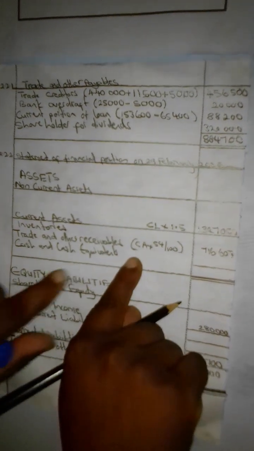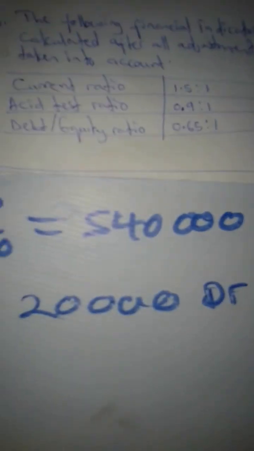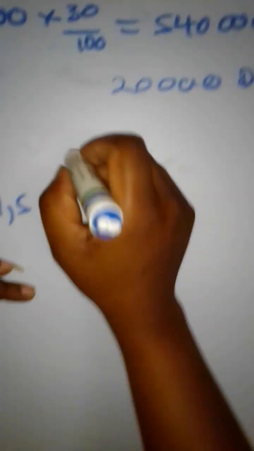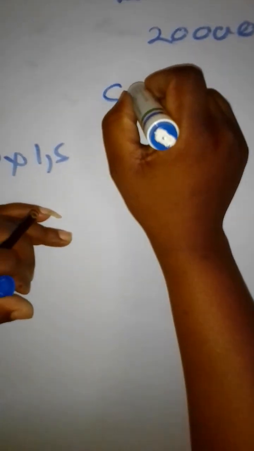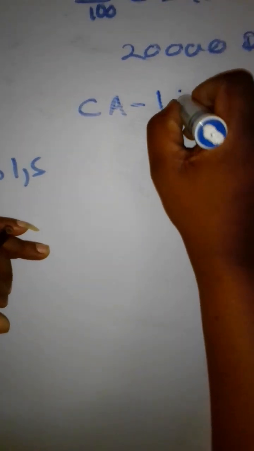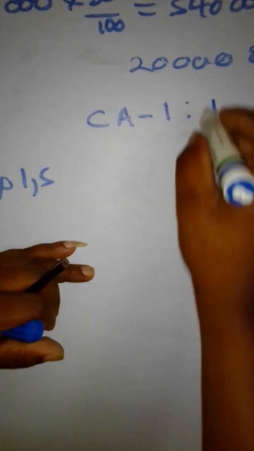Okay, so we can get the cash and cash equivalents using the acid test ratio. The acid test ratio is given at 0.9 to 1. What does the formula actually say for the acid test? It is current assets minus inventories to the current liabilities.